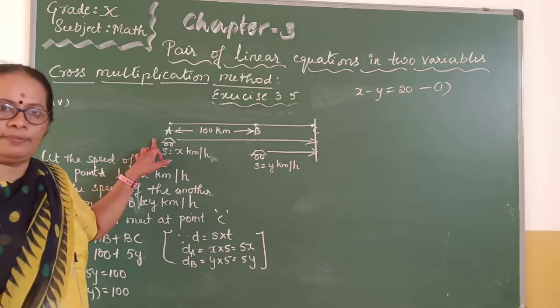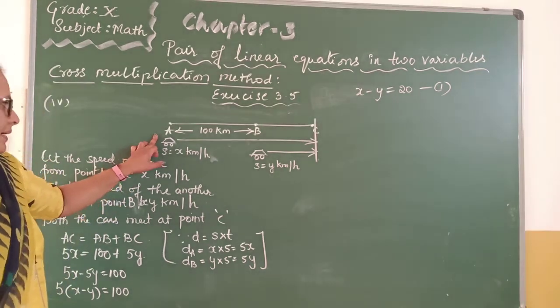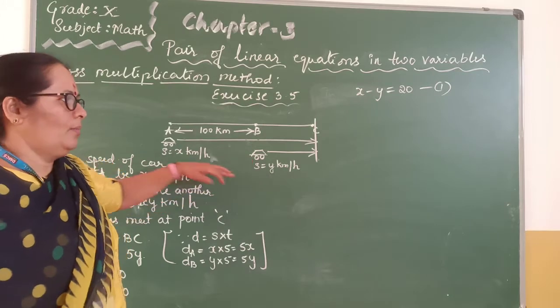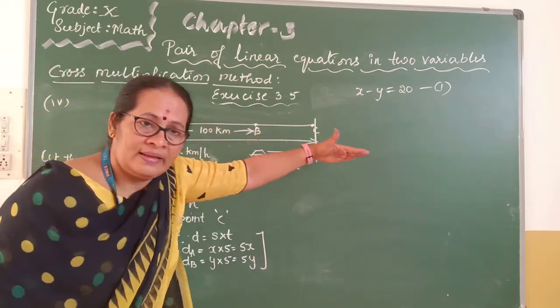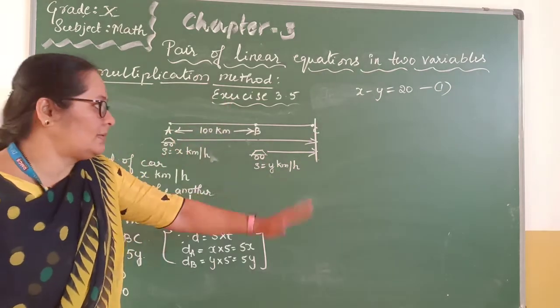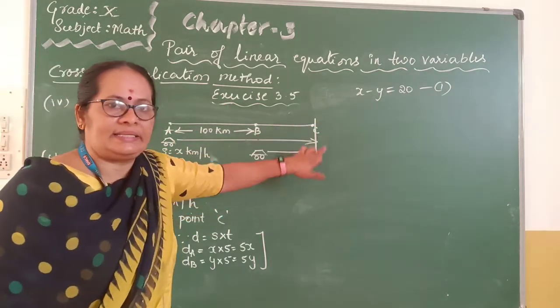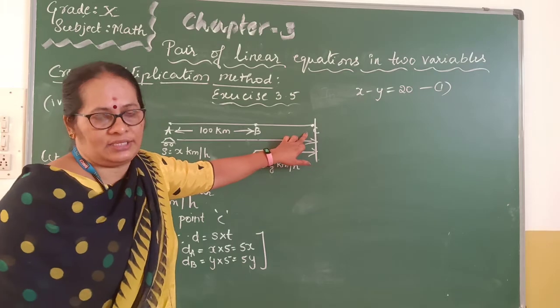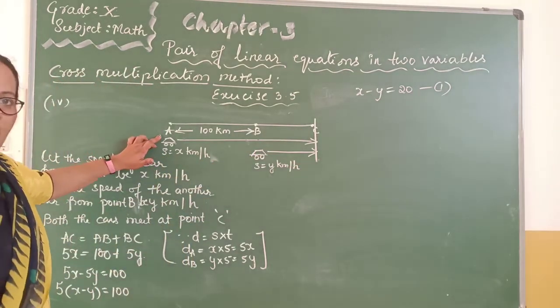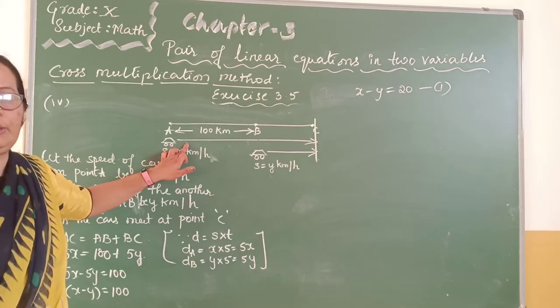One car starts from point A and another from point B. Both the cars are moving in the same direction, and after 5 hours both the cars will meet at a certain point, take it as C. The distance covered by this car is 5x, speed into time.